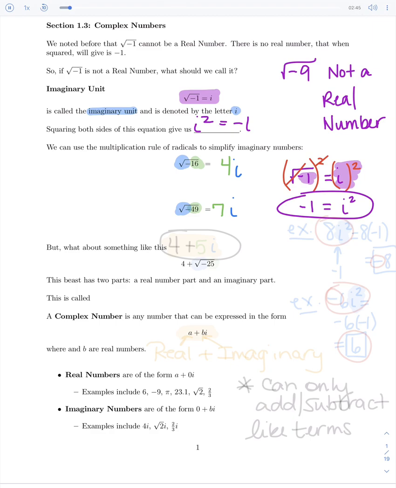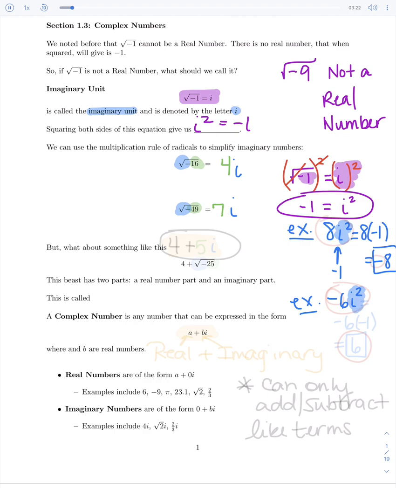So what this means is, just as a couple side examples, let's talk about what i squared being equal to -1 would mean. An example of this would be something like if I have 8i squared. Then because i squared here is going to get replaced with a -1, that becomes 8 times -1, which is -8. Or another example would be something like -6i squared.